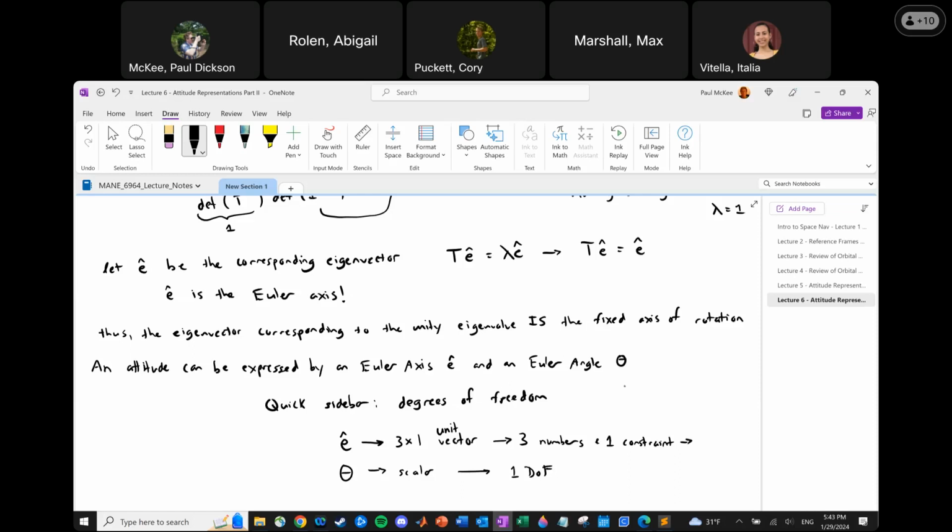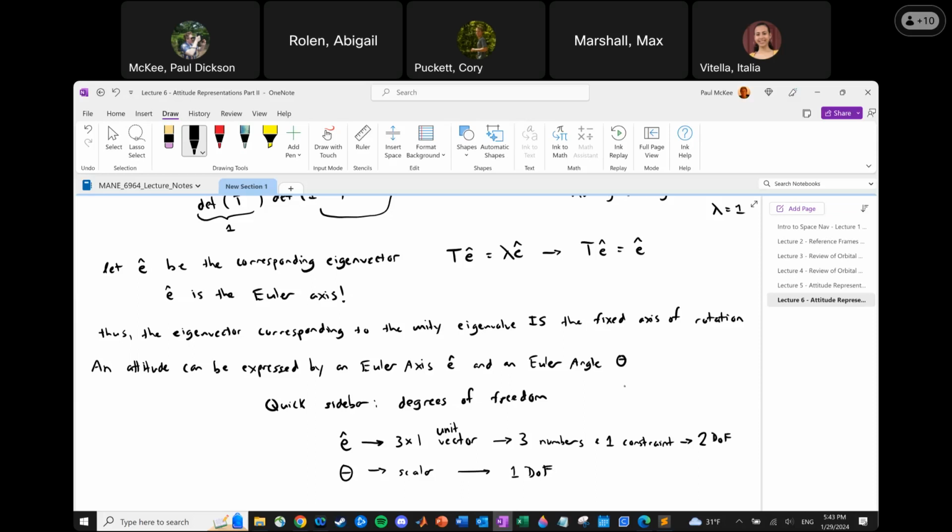An axis can be pointed in any direction in the world, but that's not exactly 3 degrees of freedom because the amount that you twist it doesn't matter, right? So you can imagine you need some angle to describe the horizontal component that it's pointing, some angle to describe the vertical component that it's pointing, but then you can twist it however you want and it doesn't move, right? It's not a rigid body. It's only just a line floating in space. And so what that means is you've actually got 2 degrees of freedom.